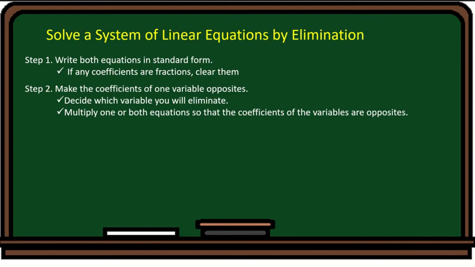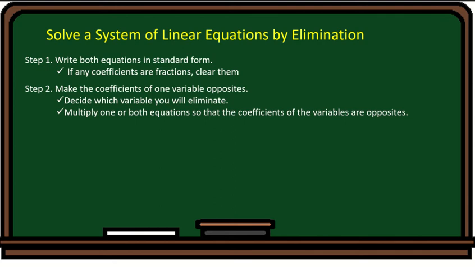So to eliminate naman yan, kailangan opposite siya sa second equation mo. Let's say your y is 3 or 3y, dapat i-add mo siya or yung opposite niya will be negative 3y. Kung x naman siya, then ang isa is positive 2x, kailangan yung isa magiging negative 2x. So, yun yung ibig sabihin ng step 2.